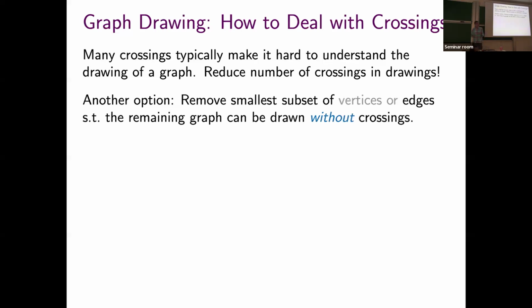Maybe there are some vertices that are incident to edges with a lot of crossings, and then you may want to not show this vertex or show it more in the background in gray or so. So this is also something that we will look at today. Can we remove a small subset of, in our case, edges, such that the remaining graph looks better?